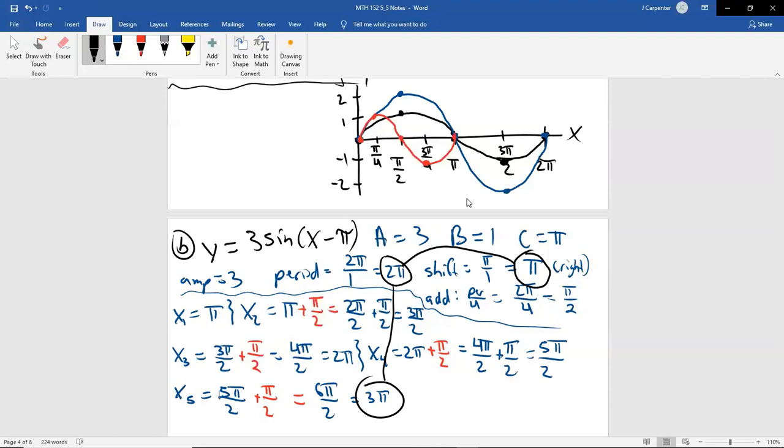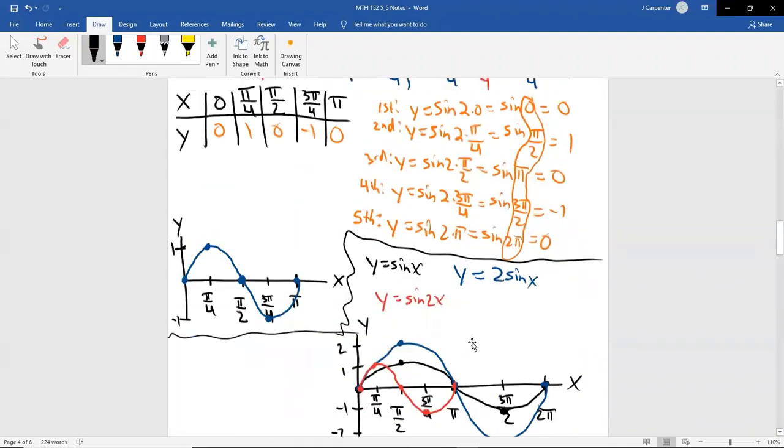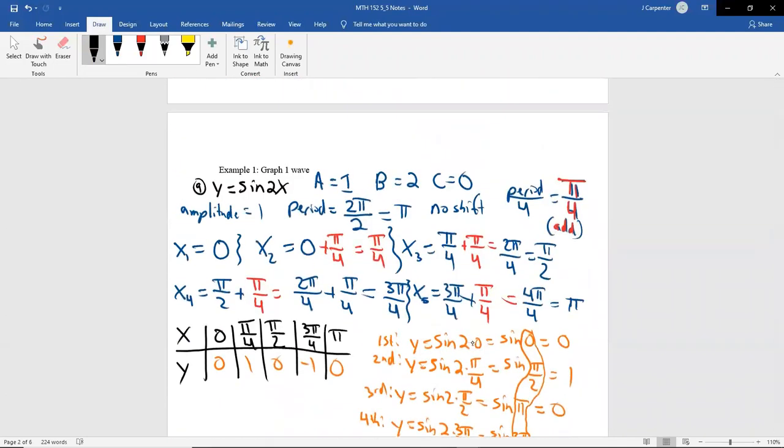So you should end up at the very last point. First point, fifth point, and pi plus 2 pi is 3 pi. You can go and confirm that to the last one. If you take the starting value, I'm going to erase these circles after this, the starting value, which was no shift, so 0, and you add the period, which is pi, you'll get the fifth point, which is pi. That is an amazing self-check.